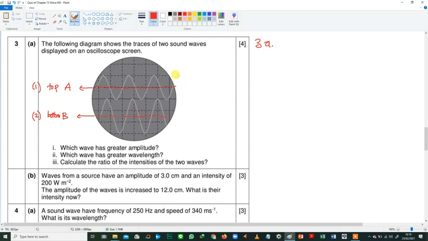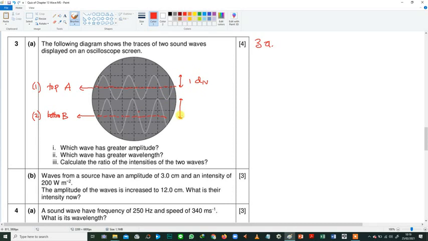Now, the amplitude of the wave, you can see how many divisions? The first wave has only 1 division for the amplitude.